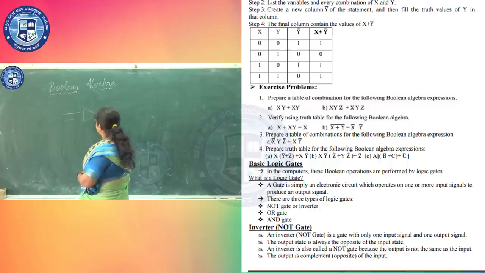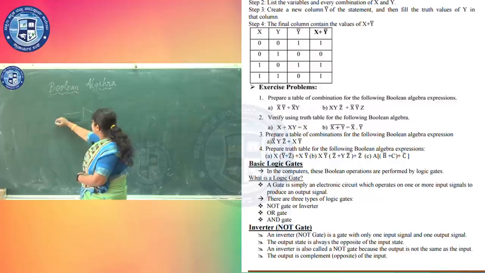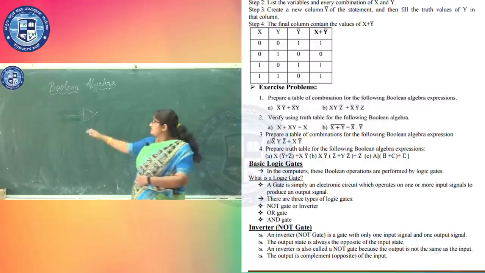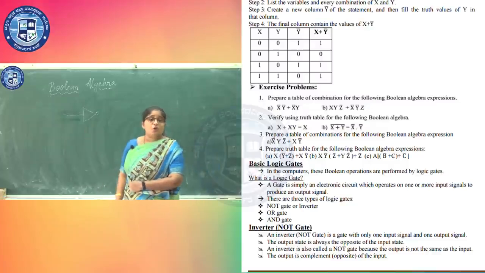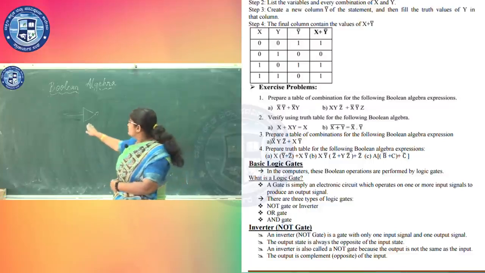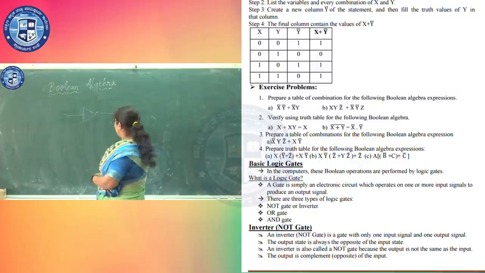This is an inverter gate, the NOT gate, which will have only one input value, because the NOT operator operates on only one operand. That is why it has only one input signal and one output signal.